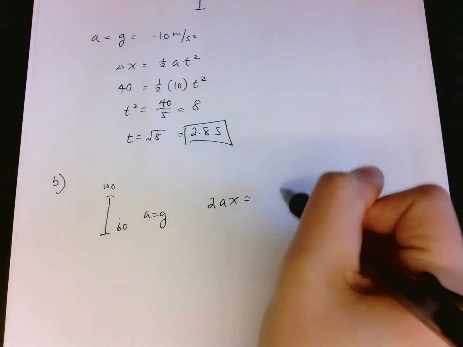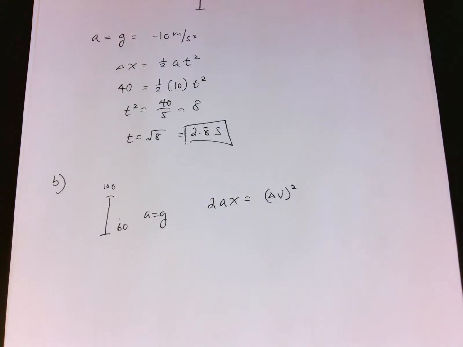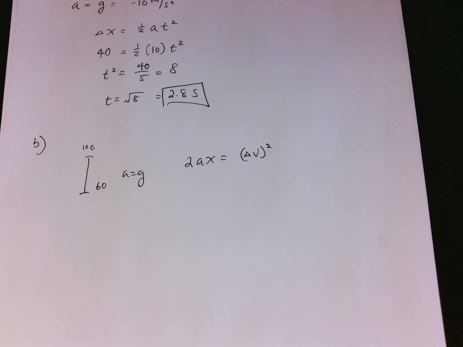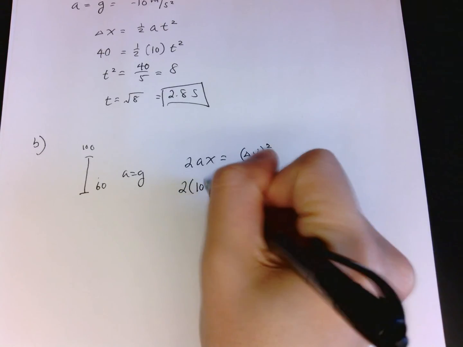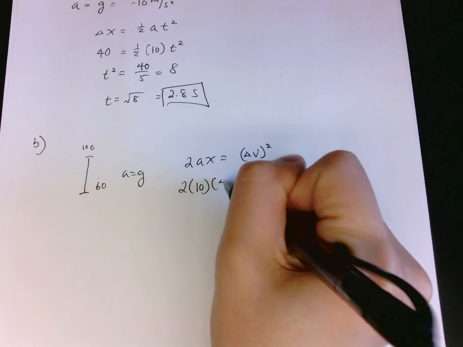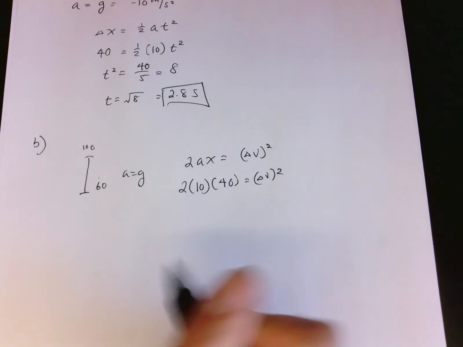2ax is equal to delta v squared, which is a physics equation. And we know 2 times 10 times 40 is equal to delta v squared.